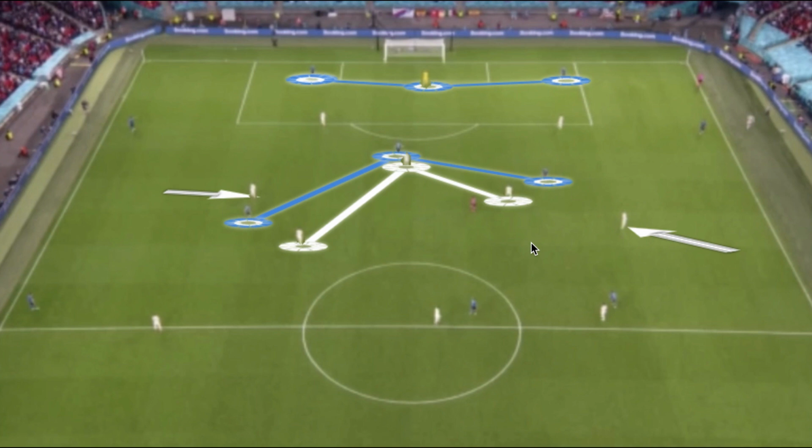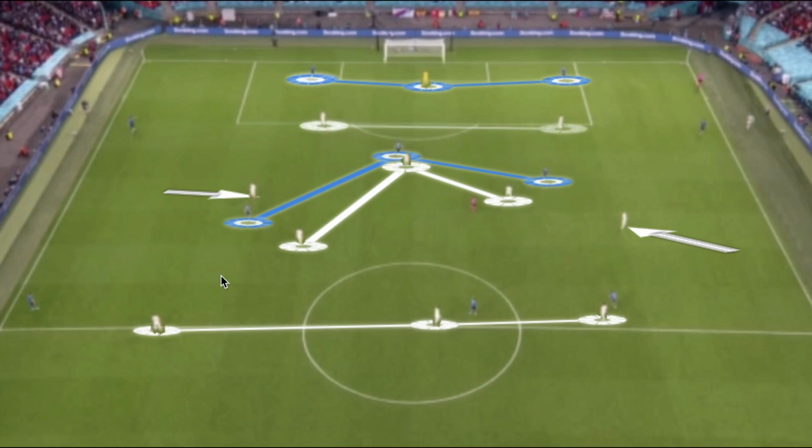So by having these players start in more central positions, they're able to block entry balls into the first line or the last line of attack for Italy, but while still maintaining the ability to jump into wide areas and press the Italian team if they did try and play around the Spain defensive block. Again, Spain defending with numerical equality, as has been a trend lately in the Euros, and something that I've noticed, something pretty interesting happening with teams being confident playing 3v3 typically in the last line of defense.